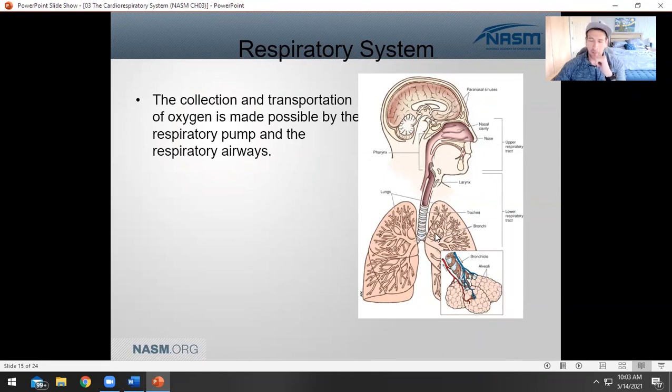But you can also see all of the respiratory passageways, which are these little branches that get smaller and smaller and smaller. Eventually they're covered in little capillaries and capillary beds, and that is where the outside environment is interacting with the inside environment.